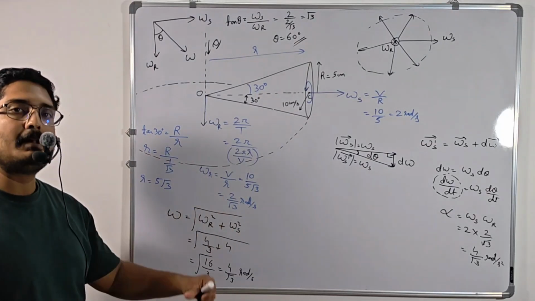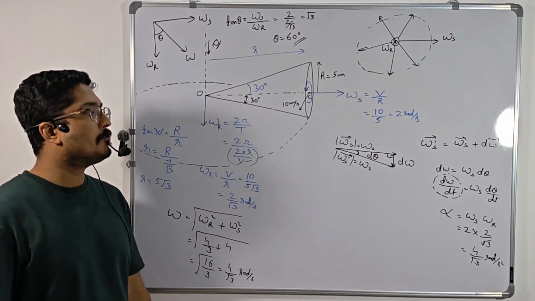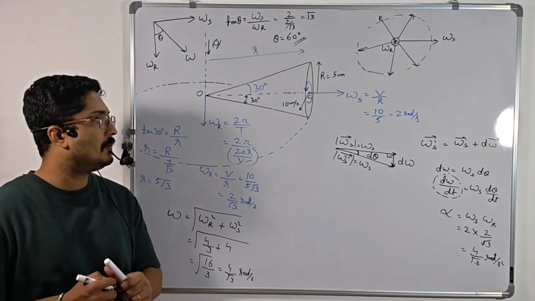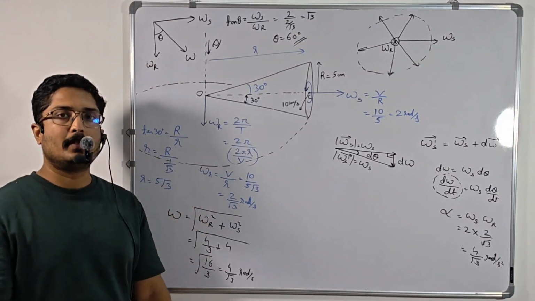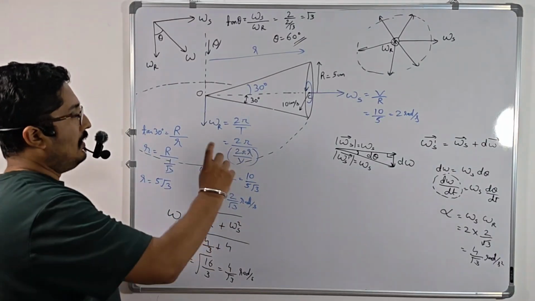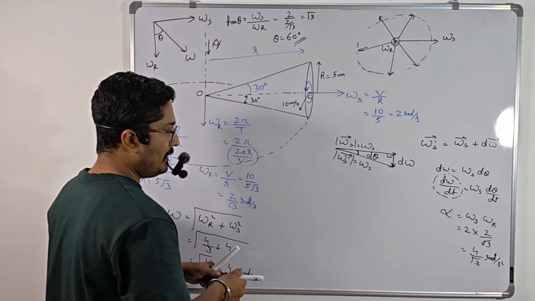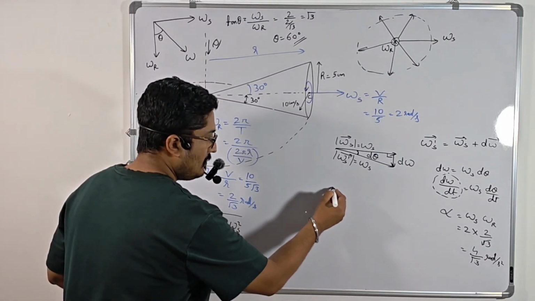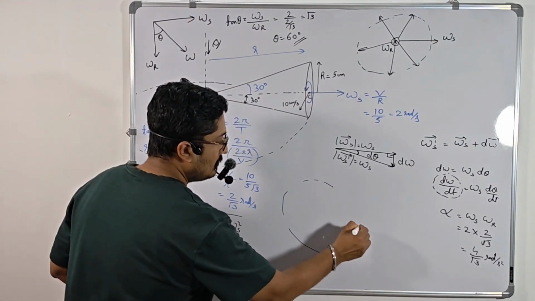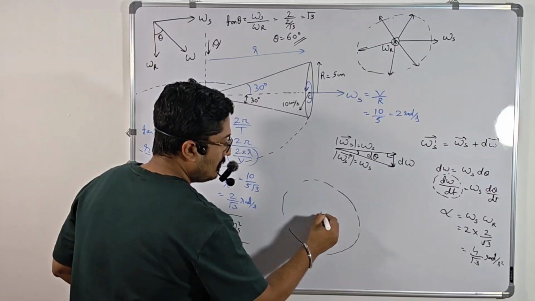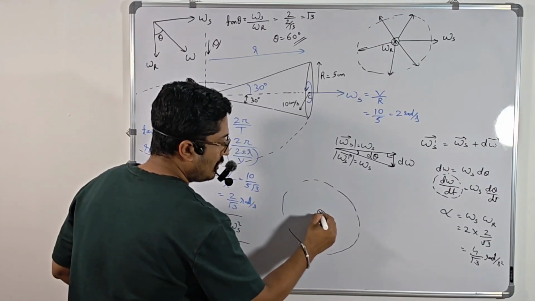Okay, now what if you are interested in the direction? That's the question. If you are interested in knowing the direction of alpha, then we can understand that in a pretty simple way. Okay, see, let me draw that diagram here. This is how, okay, this is the cross.